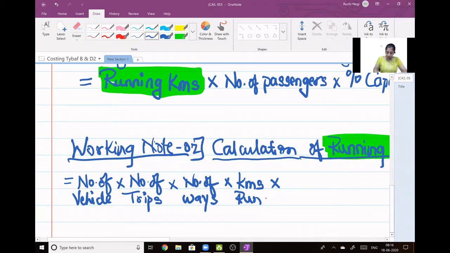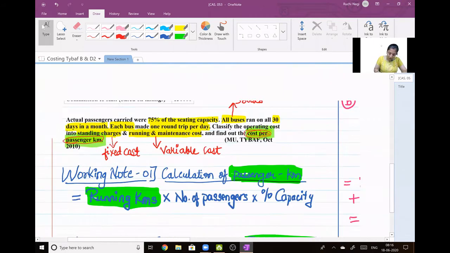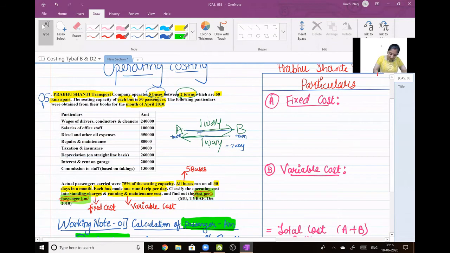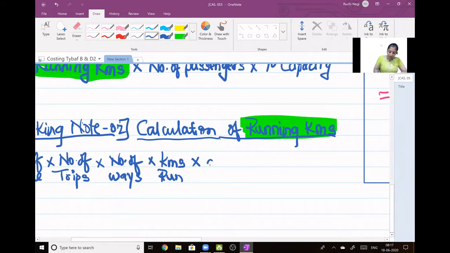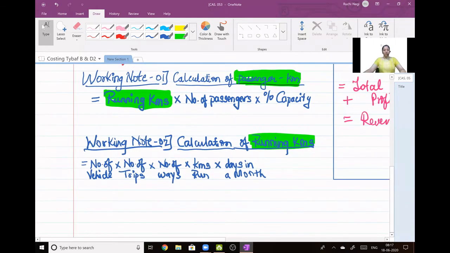Now this is a monthly cost sheet because it's given, it is for the month of April. See here, it's highlighted. It is for the month of April, so it is a monthly cost sheet. So here it's going to be days in a month. That's it, right? Note it down simultaneously, students. Note it down. Just don't sit idle there. Just don't listen. Write it down as well.